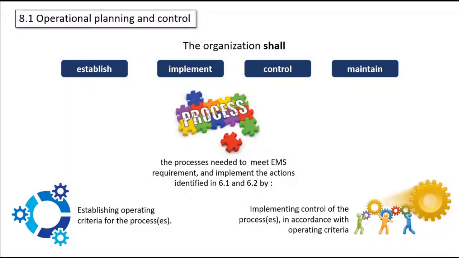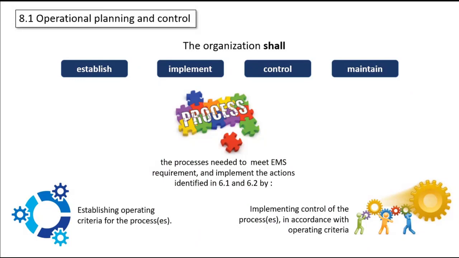Okay, so what is 6.1? Under planning, actions to address risks and opportunities. Action to address what? Risk and opportunity. 6.2, environmental objectives and planning to achieve them.